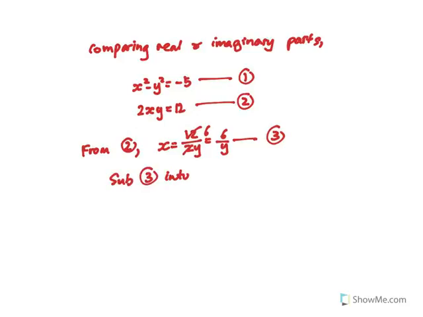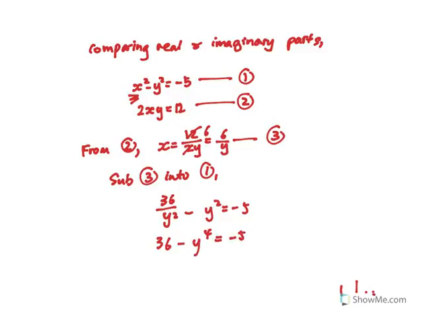What follows is just mandatory substitution. So you have 36 over y², because this is x², minus y² equals −5. So 36 − y⁴ = −5y². Eventually you are solving y⁴ − 5y² − 36 = 0.